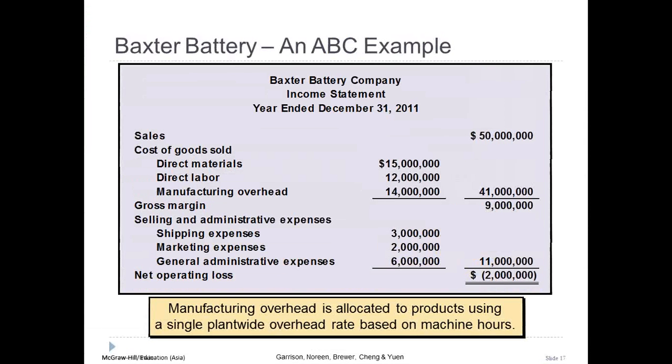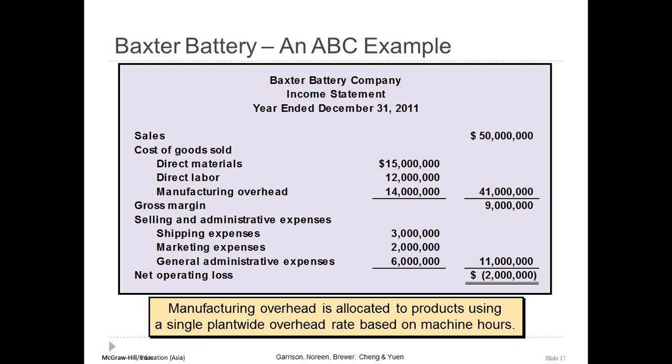Here we have an example of a company that makes batteries. Baxter Battery Company produces 2 automobile battery lines, a standard battery called the Sure Start and the deluxe higher quality battery called the Long Life. Both batteries are sold through automobile parts retail stores.